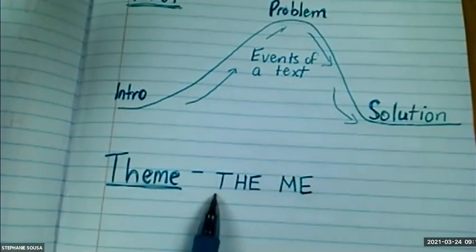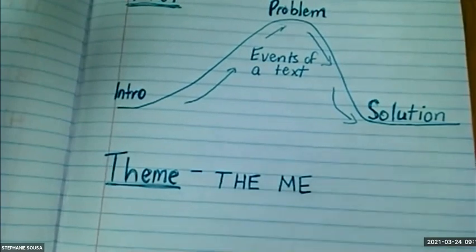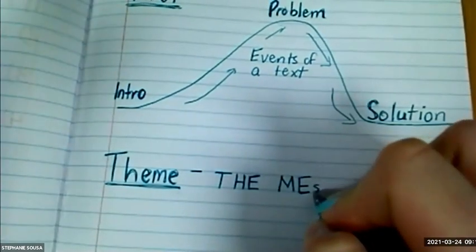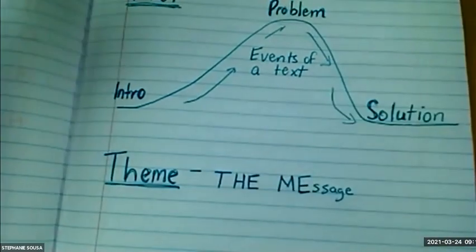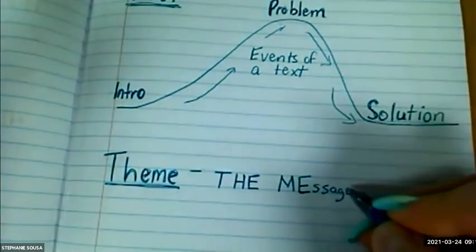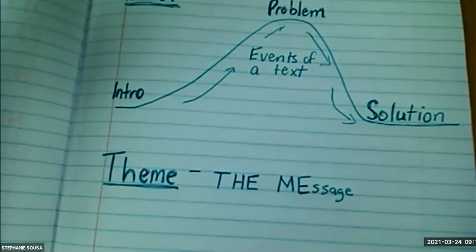Look, theme, the message. We're going to finish it. So theme is the message. We're going to switch down to lowercase letters. That's an easy way for you to remember that theme is the message that the author wants you to learn about life. Okay, so theme is the message.